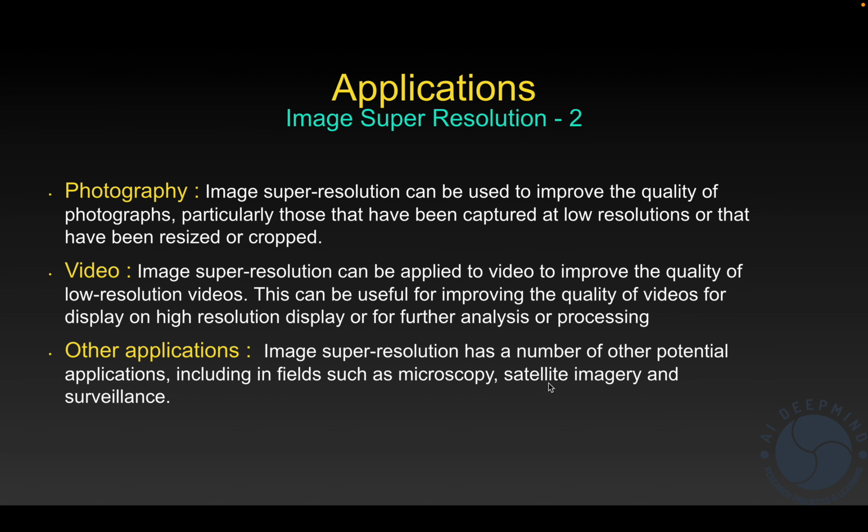And also in surveillance, basically you have some CCTV camera, and we want to increase the quality of that image. Suppose the camera is able to focus on or capture the videos wherever we have placed it. We can perform really basic applications here. Say you have a CCTV camera and you want to go with face recognition.